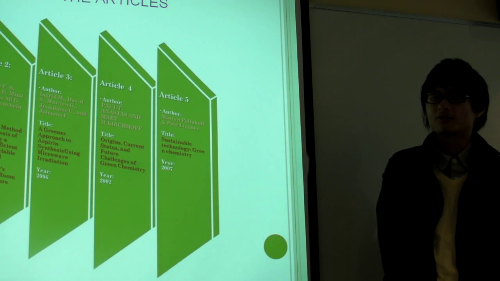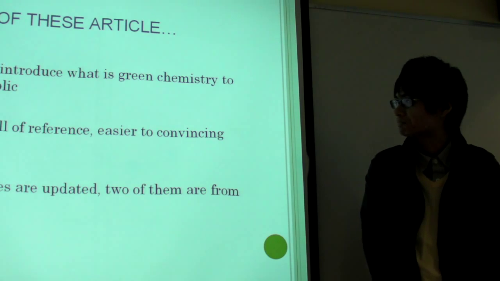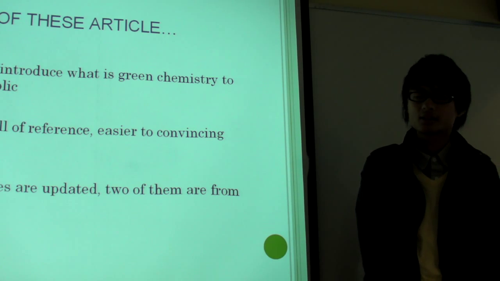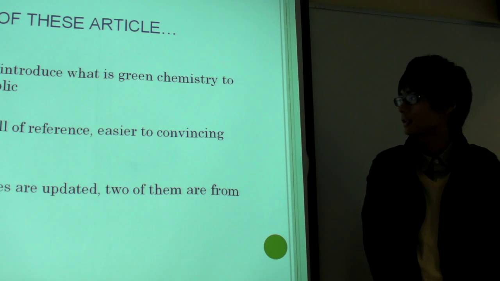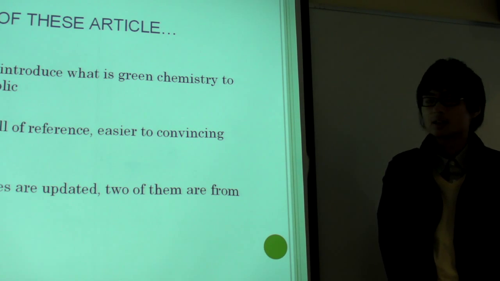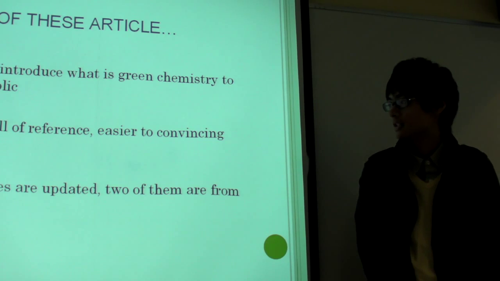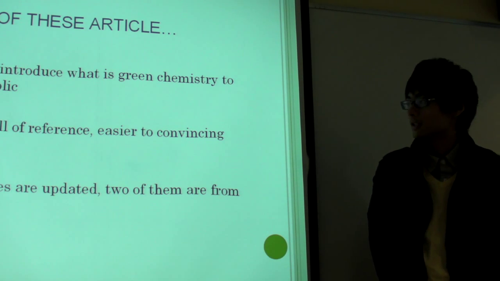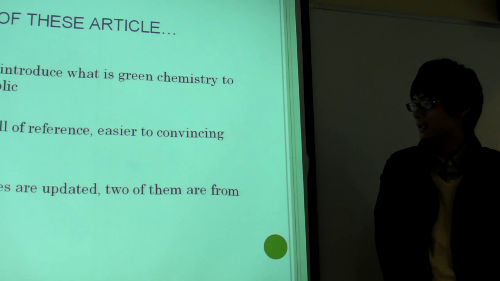And this topic covers different aspects of green chemistry. The reason for using these articles is that they are suitable to introduce what green chemistry is to the general public, and the articles are full of references, making it easier to convince people. And finally, the articles are up to date, as I just mentioned, 2 of them are from 2007.